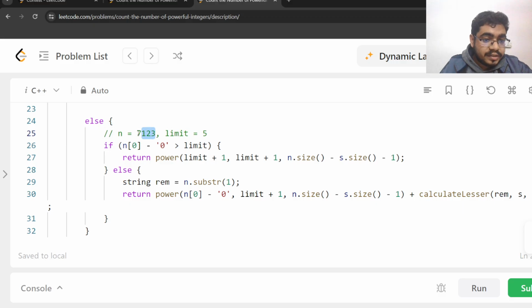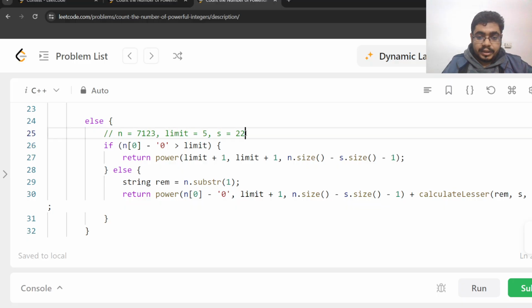I can just replace the first value with numbers up to 5: 0, 1, 2, 3, 4, 5. These 6 values are what I can put at the beginning. For the remaining, if the suffix is let's say 22, then for the remaining one digit, I can put anything from 0 to 9.